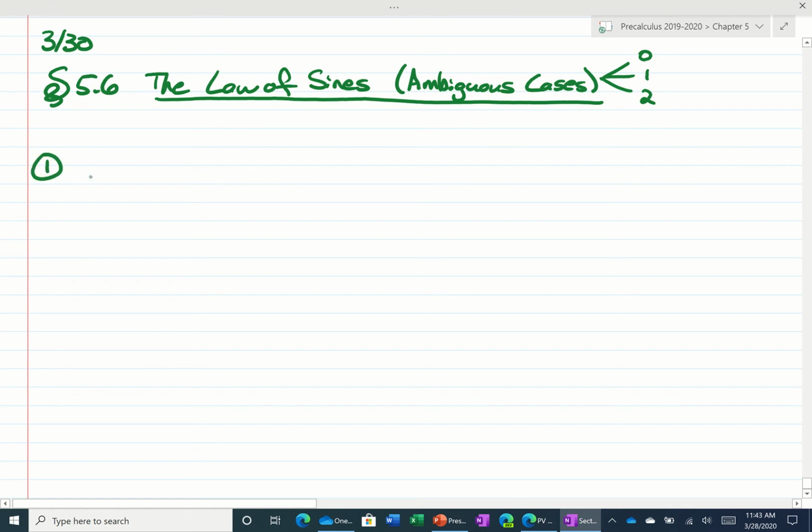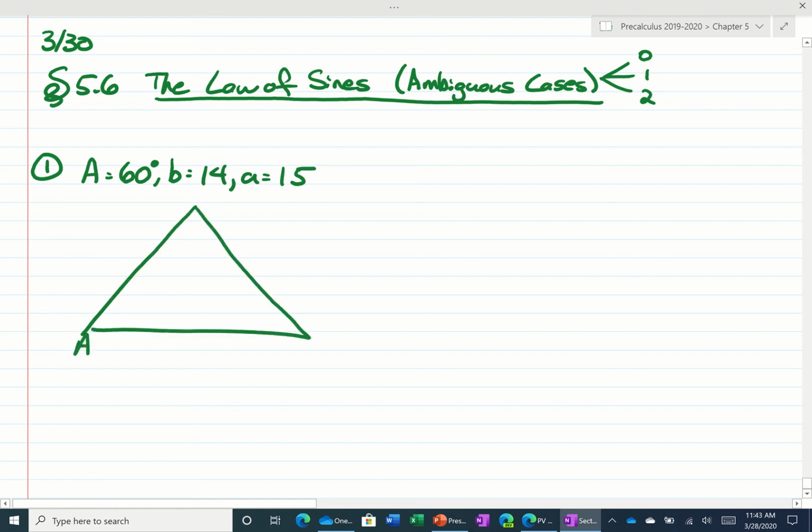First example says that A is 60 degrees, B is 14, and side A is 15. So let's draw a normal triangle. And let's label it.